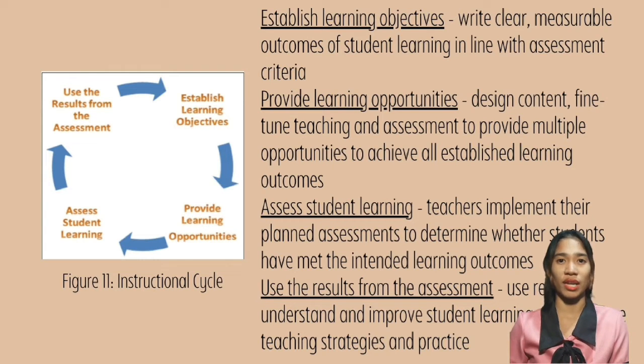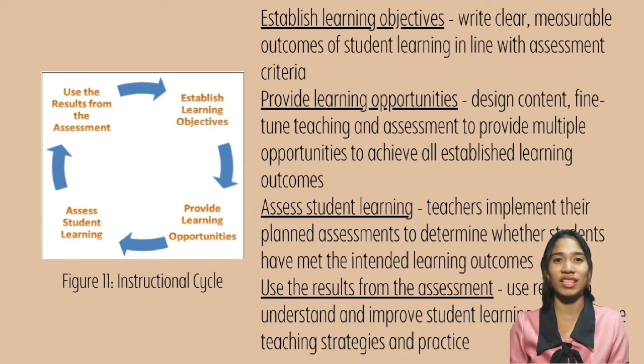Establish learning objectives. Write clear, measurable outcomes of student learning in line with assessment criteria. Provide learning opportunities means design content, fine-tune teaching and assessment to provide multiple opportunities to achieve all established learning outcomes. Assess student learning.